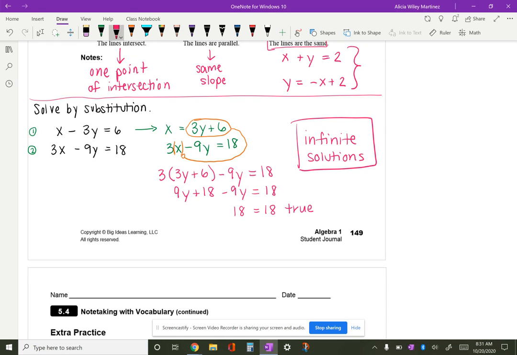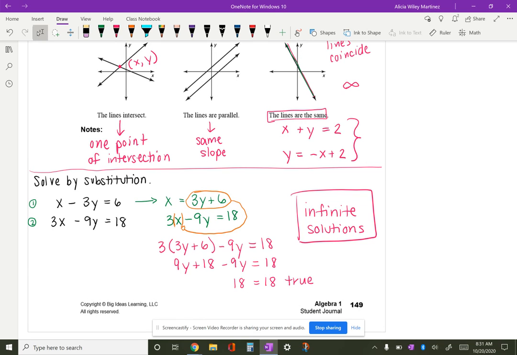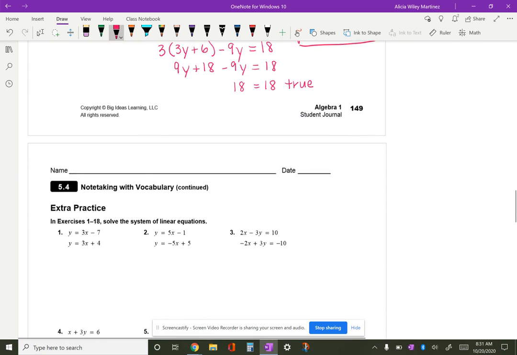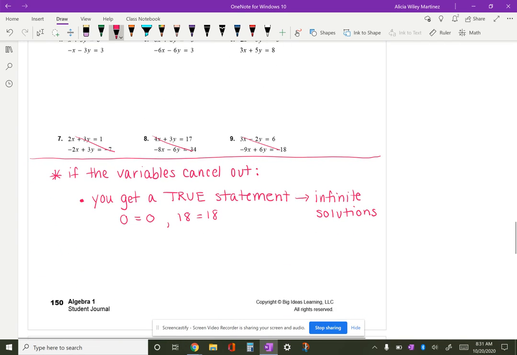Okay. Now remember, the other option is it could have been parallel. You can tell lines are parallel by seeing if they have the same slope, but neither of our equations are in slope-intercept form. So you don't necessarily need to know the slope. So what will happen with a parallel line or no solution type of problem is your variables cancel out and you get a false statement.